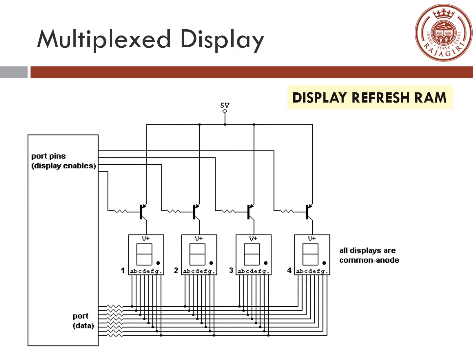After that, the second LED is turned off and only the third LED segment is turned on by turning on the transistor, and the required encoded signal is read from the display RAM to light the appropriate segments and display the required character in segment number 3. After some time, segment number 3 is turned off and only segment number 4 is turned on, and the appropriate code is sent to the segments for displaying the required character.